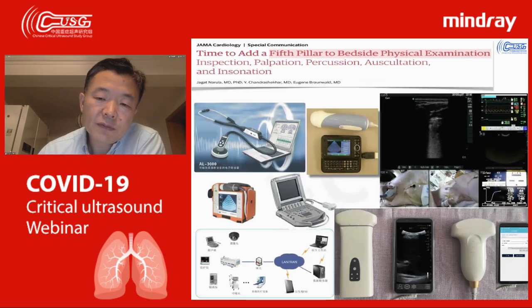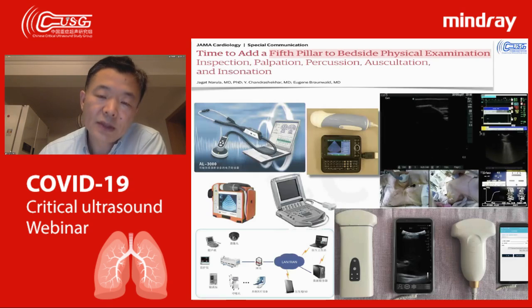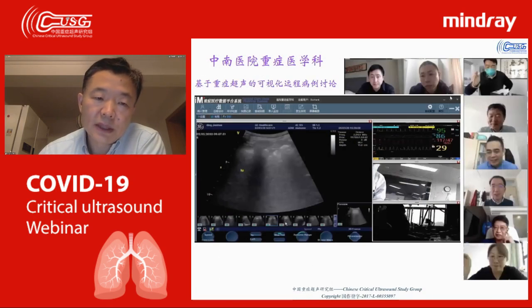And also, if you integrate this kind of tool into telemedicine, tele-ICU. You see here, sorry, this I didn't translate into English. It's Wuhan Zhongnan Hospital, the critical care department. This guy is the director of this department.